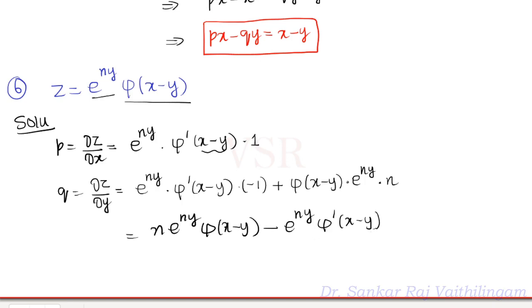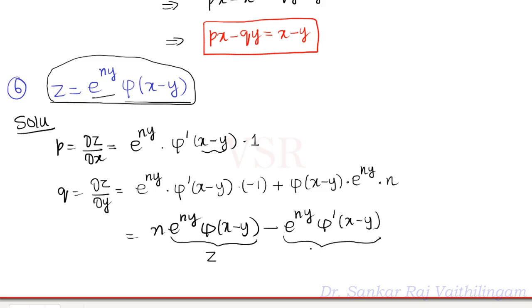Okay. So we are having, note that இது ஃபுல்லா வந்து என்னது அப்படின்னா இதுதான் z. கரெக்டா? z ங்கிறது யாரு? e to the power ny into phi of x minus y. இது வந்து யாருன்னா z. இது யாரு அப்படின்னா we'll have this is equal to p. அவ்வளவுதாங்க, ப்ராப்ளம் முடிஞ்சு போச்சு.